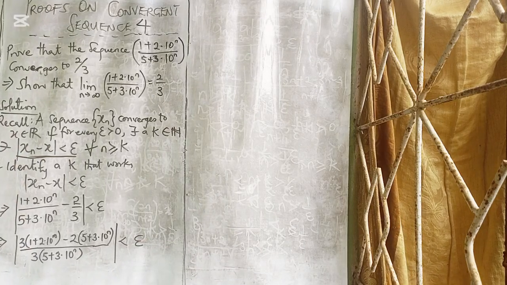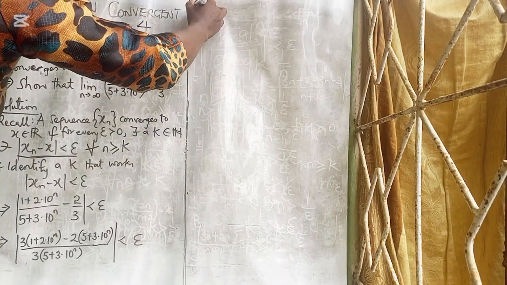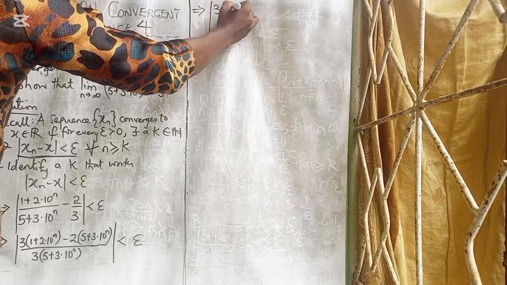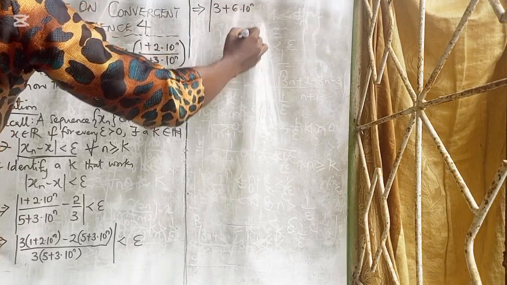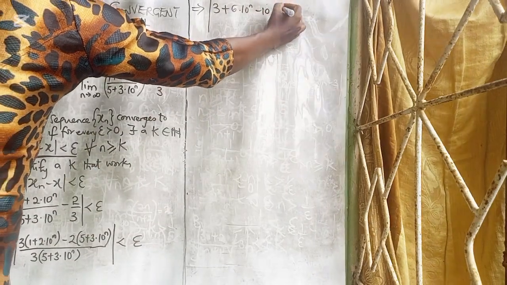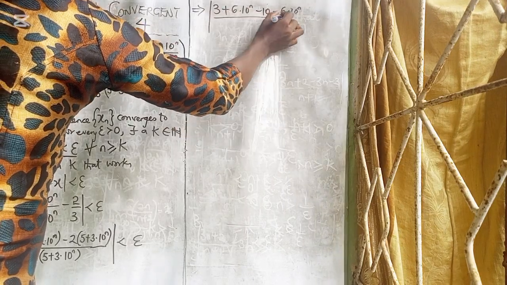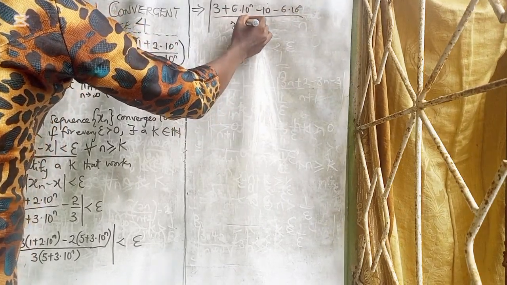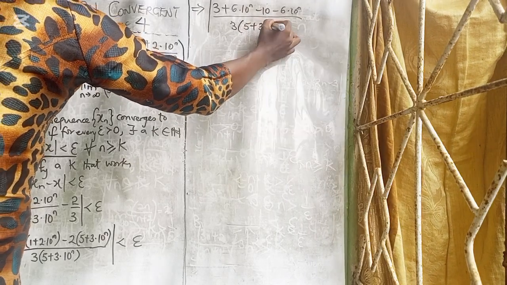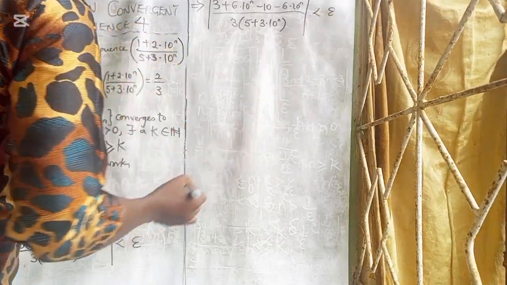By the time we open that up, what do we have? The absolute value of (3 + 6 × 10^n minus 10 minus 6 × 10^n) over 3 × (5 + 3 × 10^n) is less than epsilon.